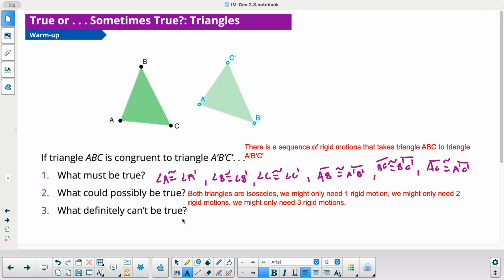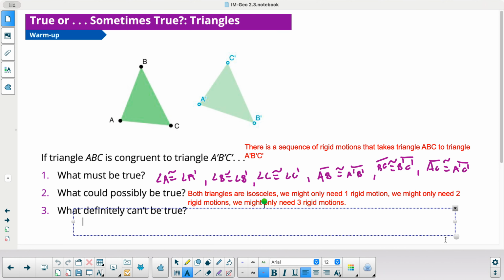What definitely can't be true? We could say that the corresponding parts are unequal. We know that cannot be true. They have to be equal. We could say we cannot have 2 different types of triangles, ABC and A prime, B prime, C prime.